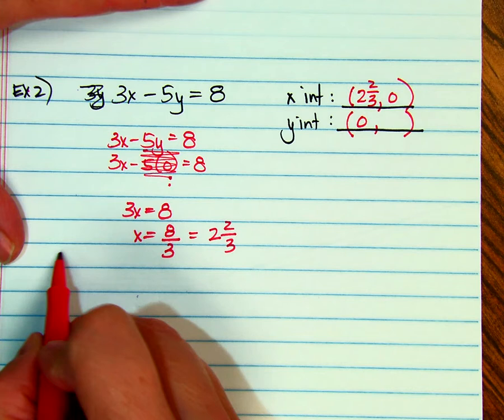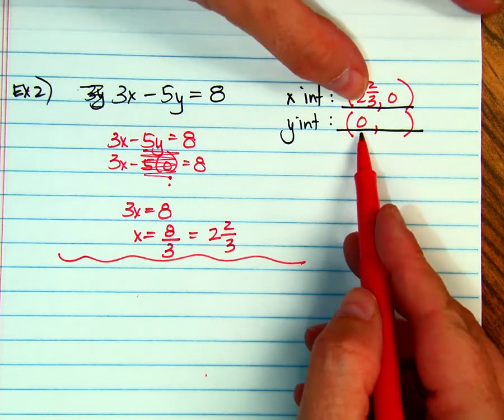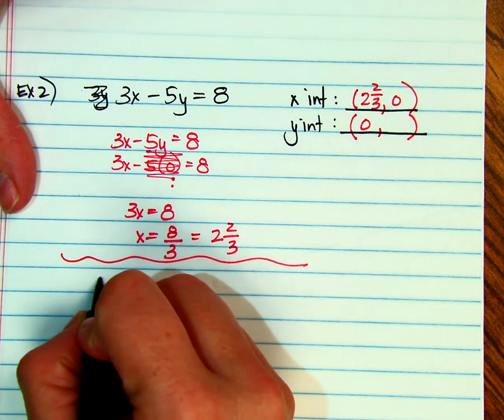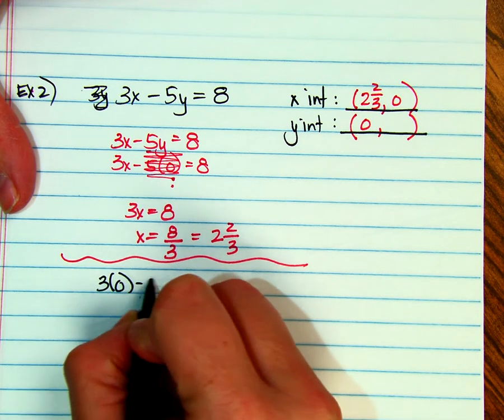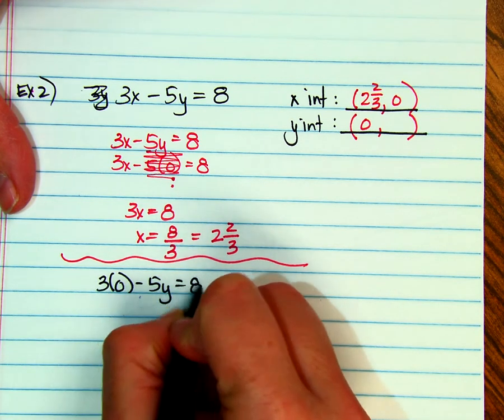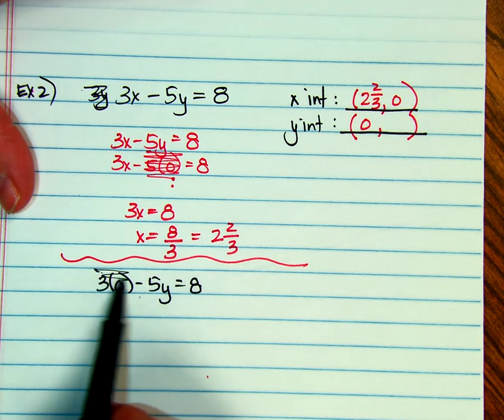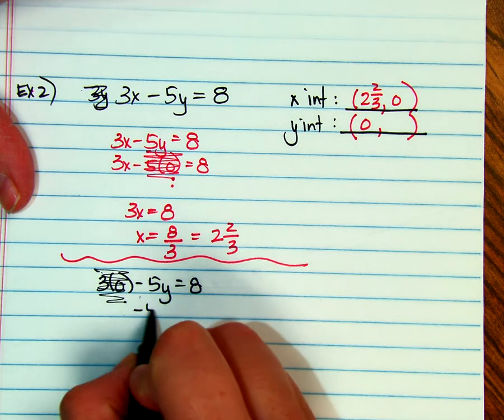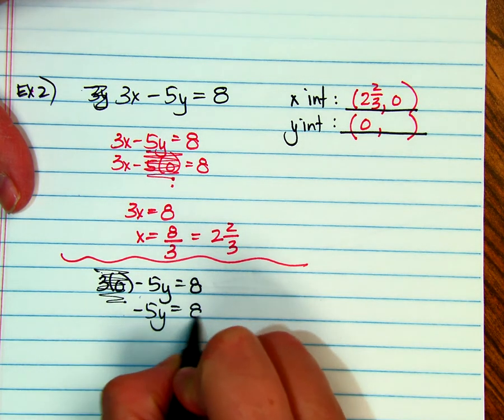And then to find my y-intercept, I'm going to put a 0 in for x. So that means that this term goes away. Do not forget that negative. So negative 5y equals 8.